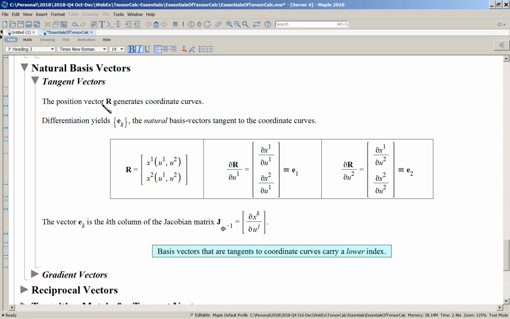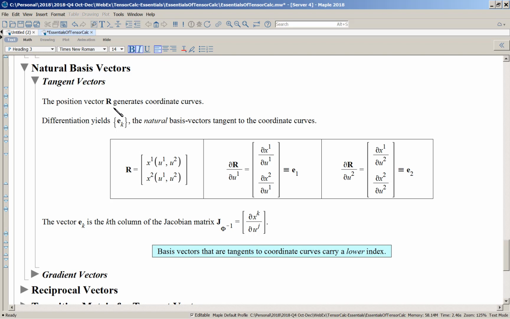Just think of polar coordinates. Concentric circles, radial lines emanating from the origin, those are coordinate curves. And we want to talk about tangents to those coordinate curves. They form a basis at each point in the manifold.